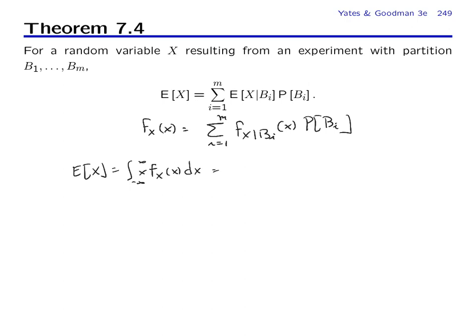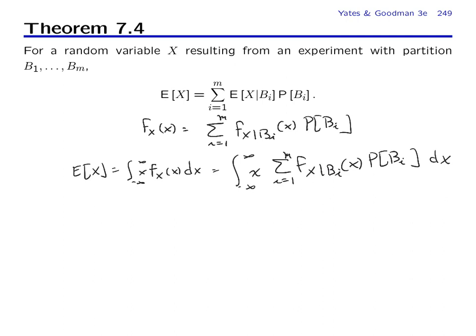And this becomes the integral of x times the sum, dx. And now we take this one integral and write it as a sum of m integrals.